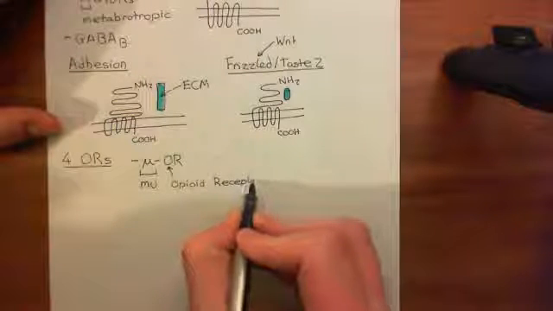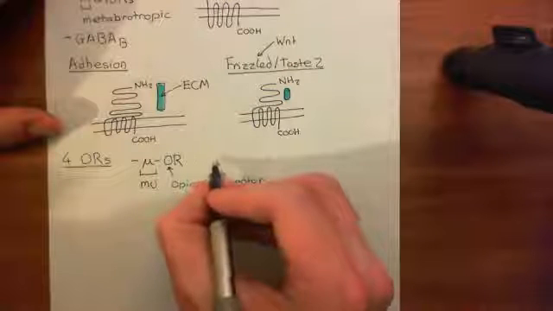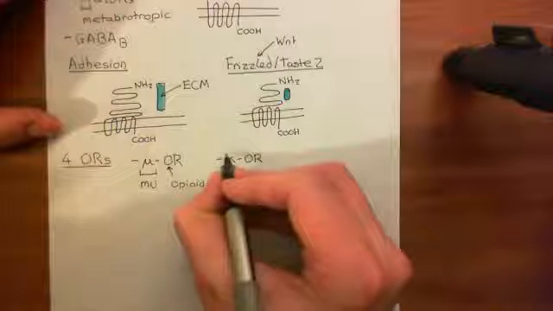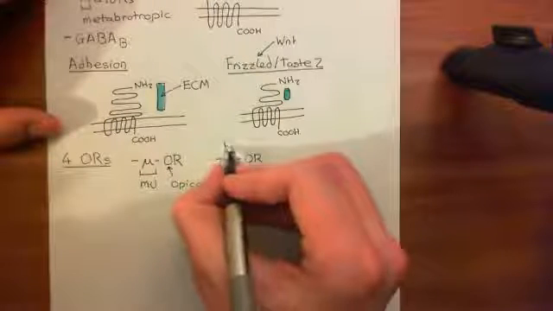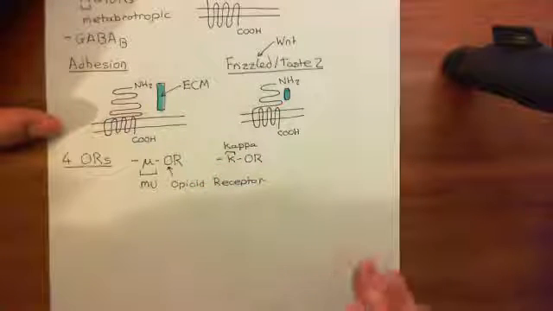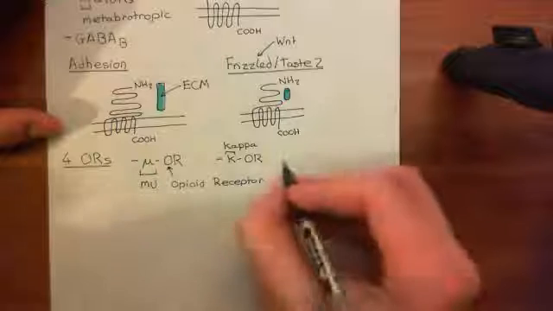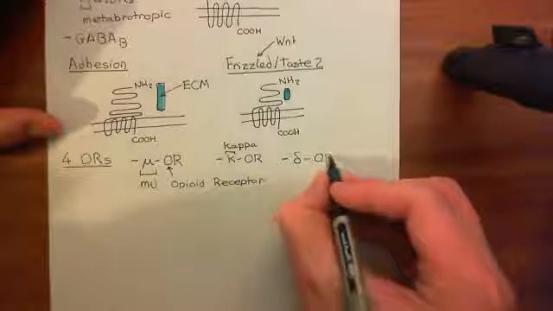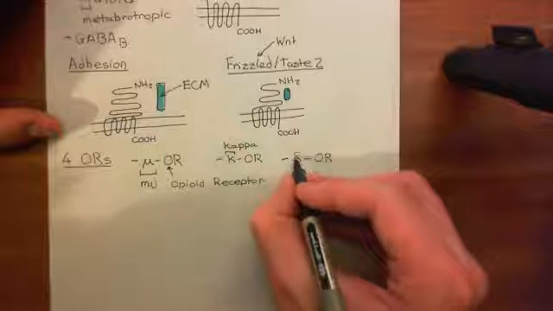Then you have the kappa opioid receptor, so kappa is another Greek letter. It looks like a K, but it's a kappa, okay, so kappa is usually written smaller than K, basically. Then you also have the delta opioid receptor. So delta has this sort of curvy portion here.